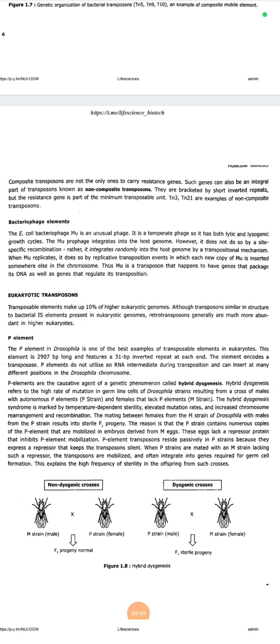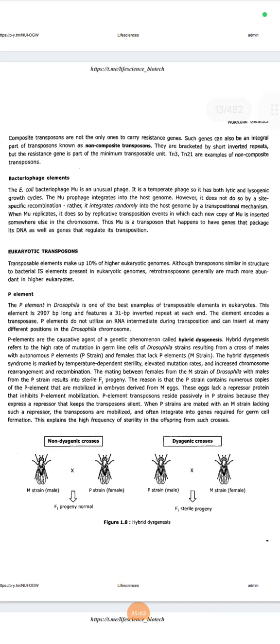They are non-composite transposons, bracketed by short inverted repeats. They also have short inverted repeats, but the resistance gene is part of the minimum transposable unit.